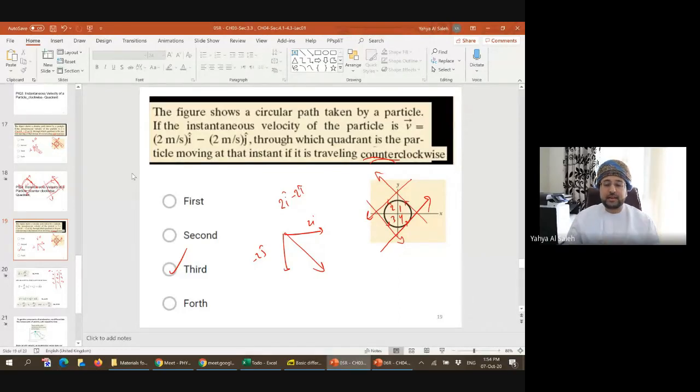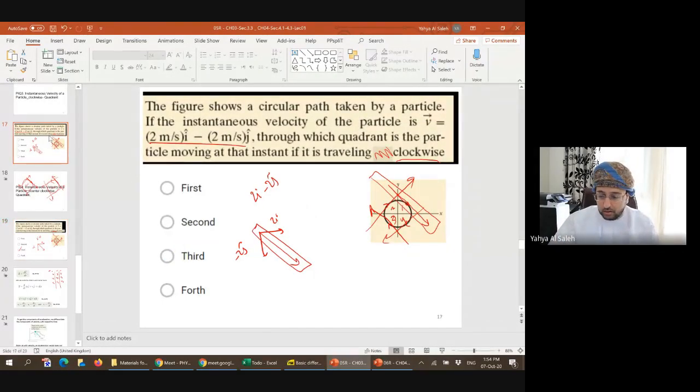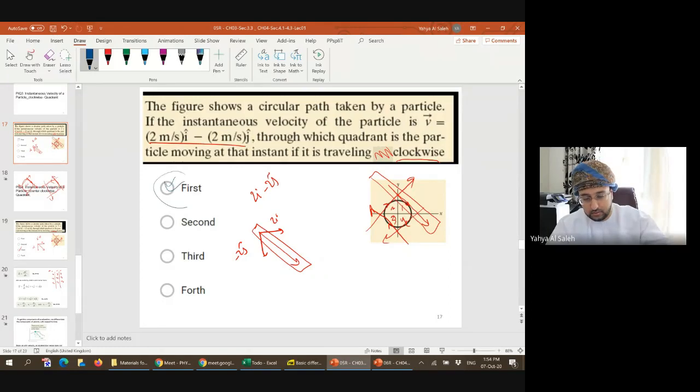Okay, so the key here is whether you're moving clockwise or counterclockwise. The rule is still the same. Here, because I am moving clockwise, my correct answer is this one first. When I get minus 45 degrees, I define positive to be clockwise with the direction of motion.